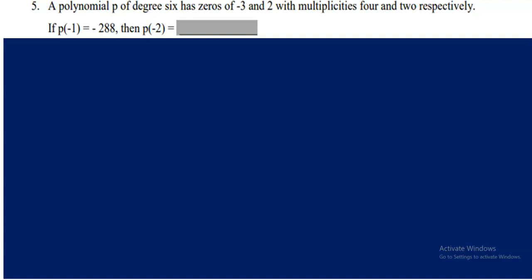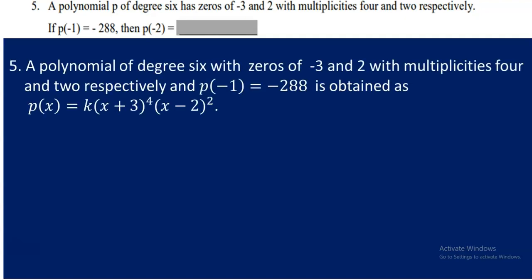So in order to answer this, you need to recall how multiplicity and zeros of polynomials are defined. You need to know that, okay? So this question strengthens these concepts. So here it is. A polynomial of degree 6 with zeros of minus 3 and 2 with multiplicities 4 and 2 respectively, and p of minus 1 is negative 288, is obtained as follows.